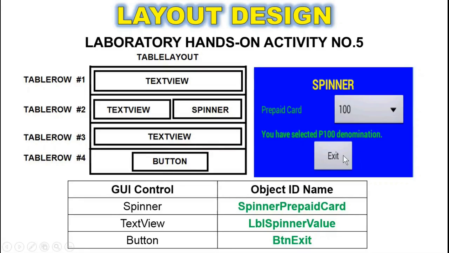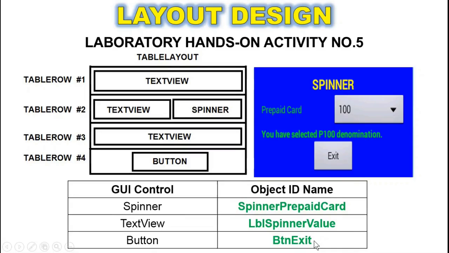I name the object name for the spinner as spinner prepaid card. I name the object ID name for the third table row text view as LBL spinner value. I name the object ID name for the exit button as BTN exit.